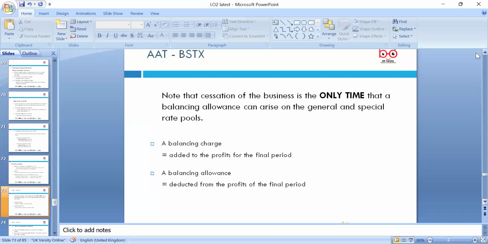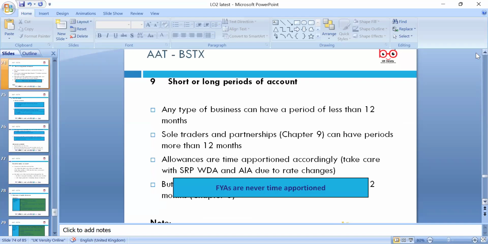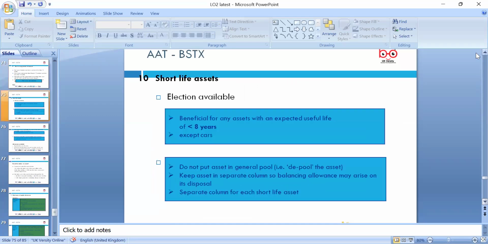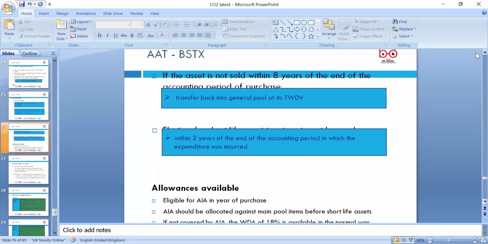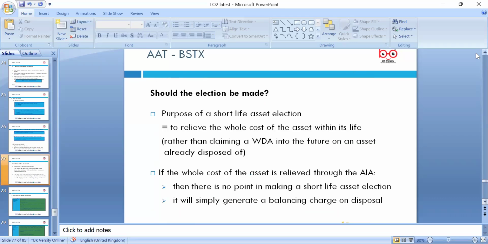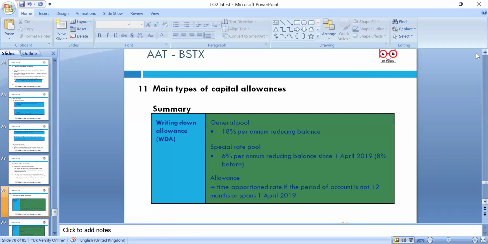In that case, the main pool, we can look at the short or the long period, whichever is beneficial for the asset, which has an expected useful life of less than or greater than a given period. We need to distinguish the short life and the long life of the main pool assets, and look at the purpose of the short life, because a different annual investment allowance applies.